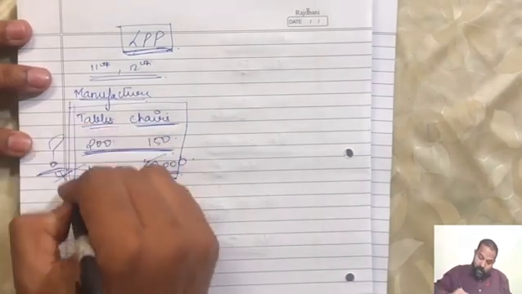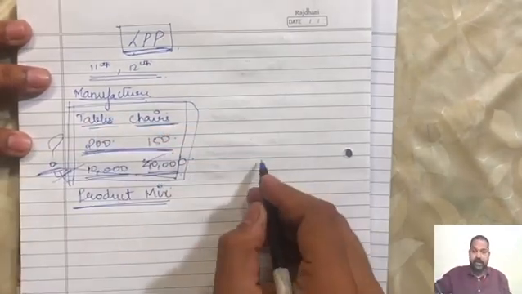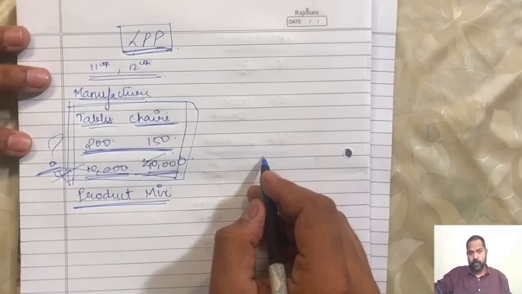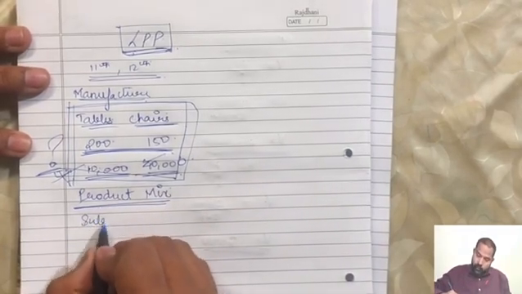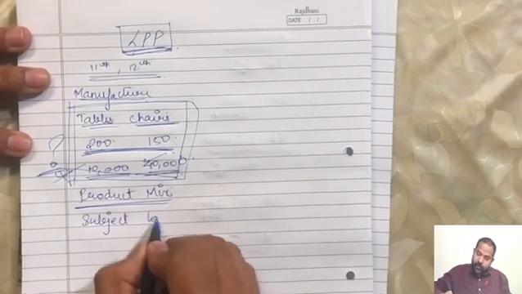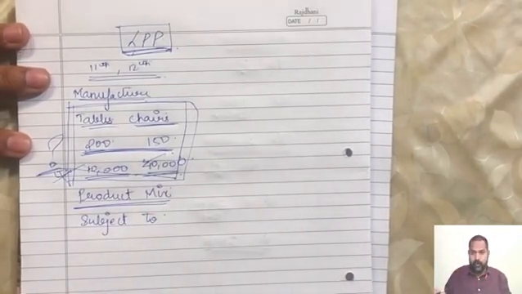This production of tables and chairs is subject to, what do you mean by subject to? Is dependent on.